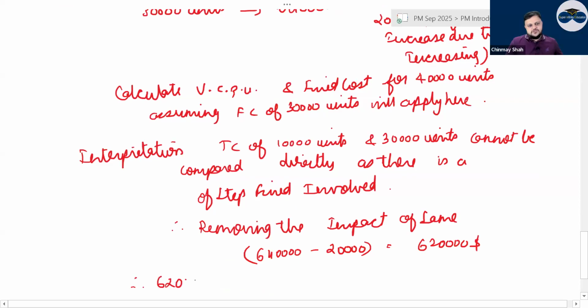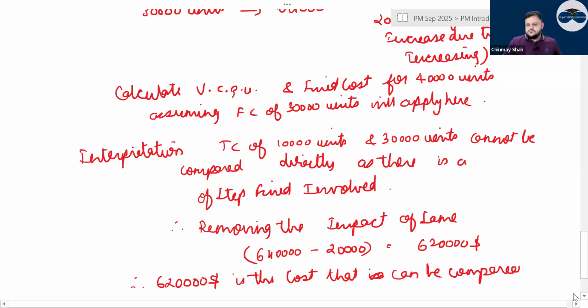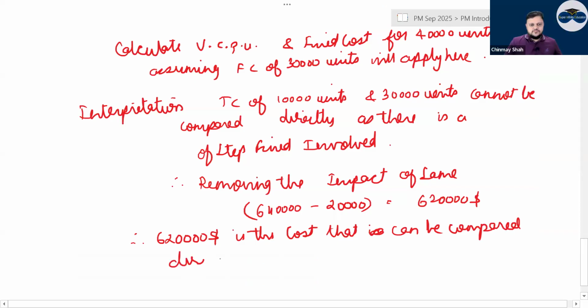Therefore, 620,000 is the cost that can be compared directly with 220,000 for 10,000 units.